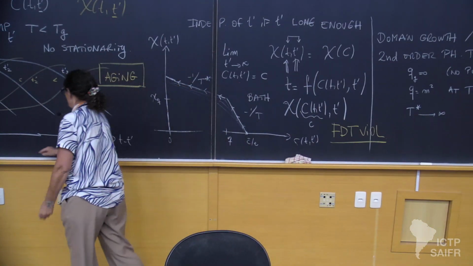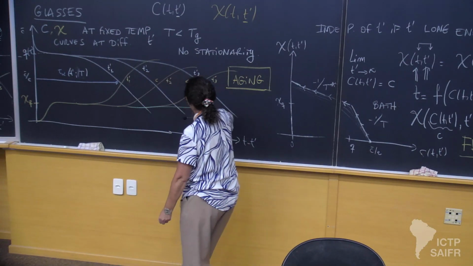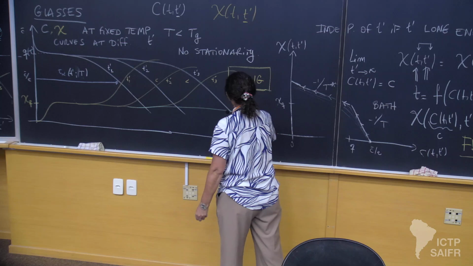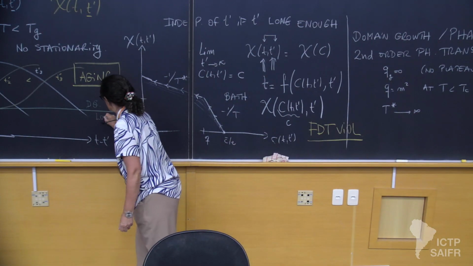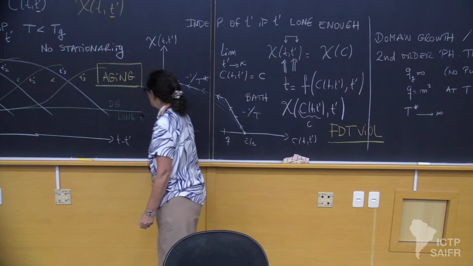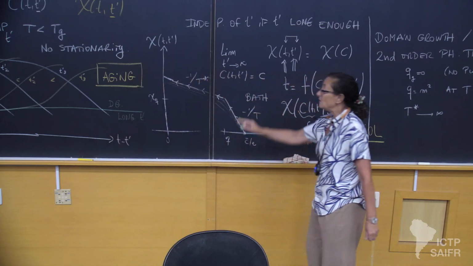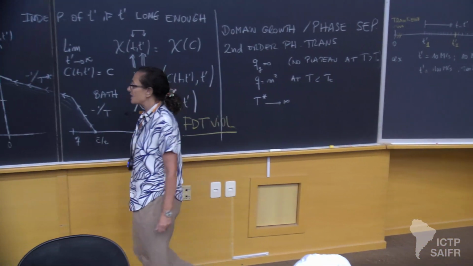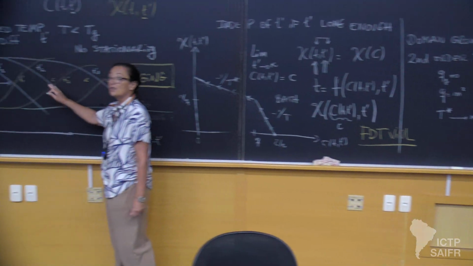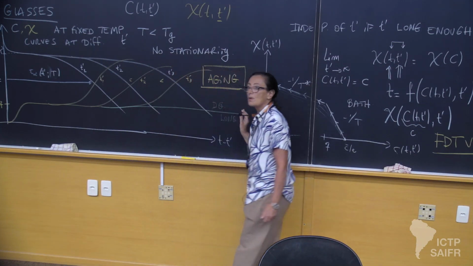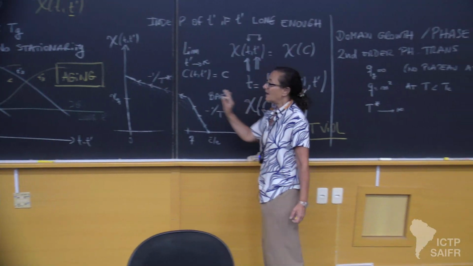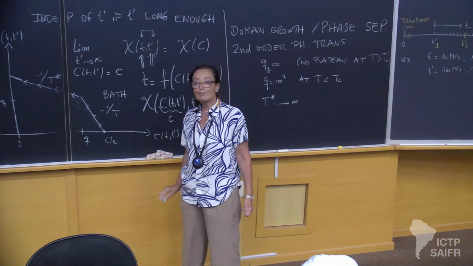So in the domain growth problem, you will eventually get something like that for a sufficiently long T prime, and not the second part of the increase of the linear response. But the correlation is very similar to what I wrote there. This is a difference between problems which undergo domain growth and problems which are of glassy nature.